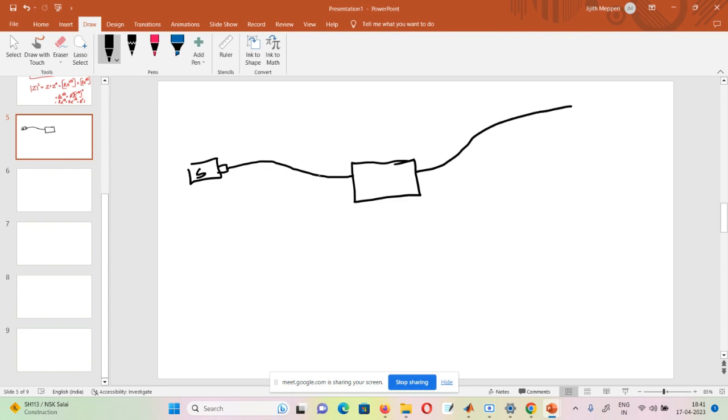From there it will go to your reference mirror, and to your sample. This is your layered sample, you can say.